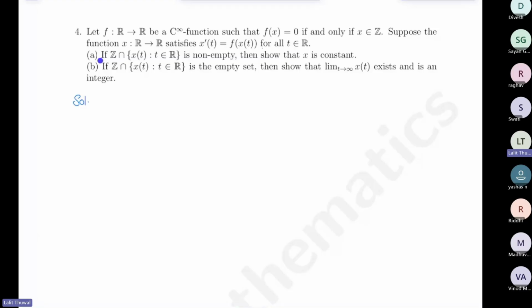A says that if Z and the range of x have a non-empty intersection, then x is a constant. The other one says if this is empty, then the limit exists and is an integer. Okay, so let's start with the first.